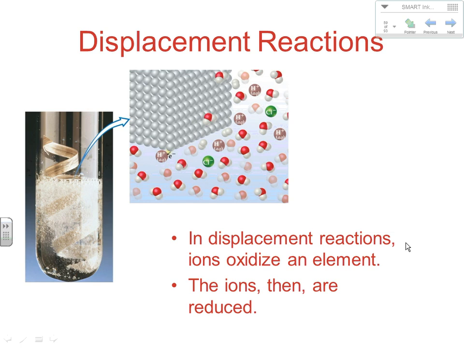So the ions then are going to be reduced because they're going to start out charged and they're going to become neutral in this process when they get displaced. Well, when your oxidation number is going from negative to neutral, it's increasing. That's oxidation. And when you have the opposite happening, that's reduction. So when we're looking at the ions in this particular case, the ions then are reduced.